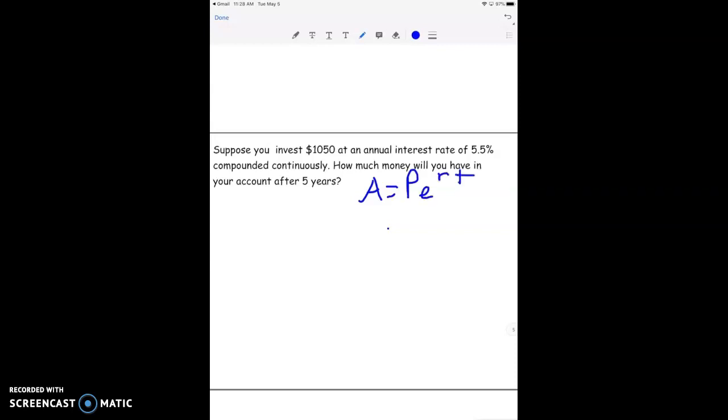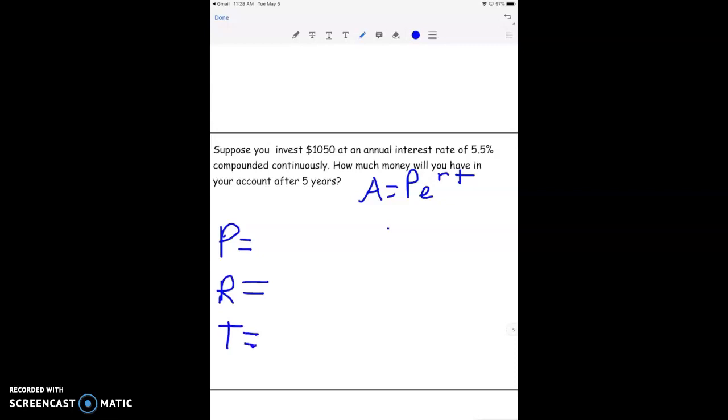Sometimes people like to keep a list of things. It's up to you if you want to do this or not. I usually like to, just to make sure I have the information I actually have. In this case, they give me the P, the R, and the T, so what I'm solving for is the A. Remember, E is actually a function.